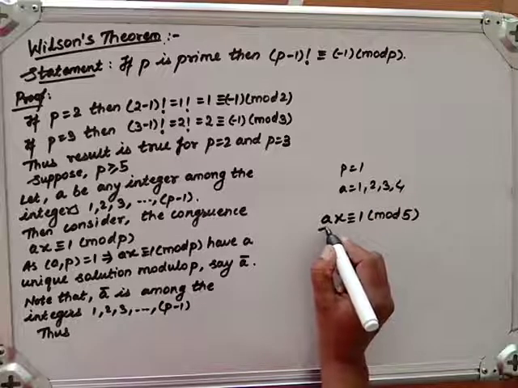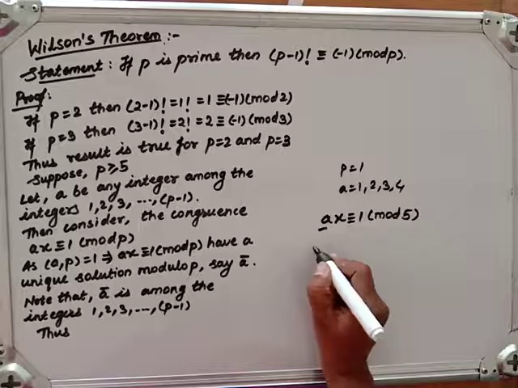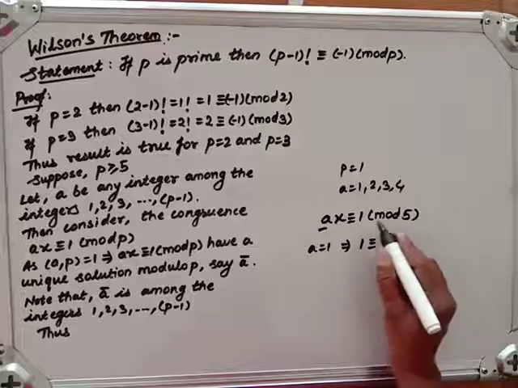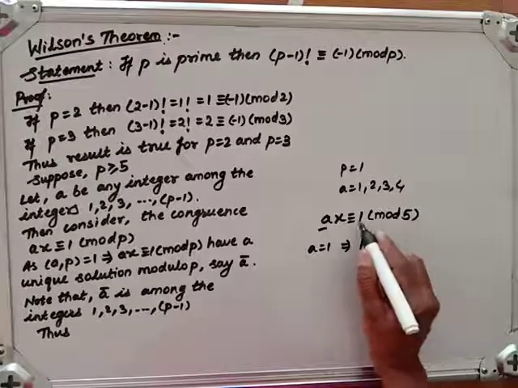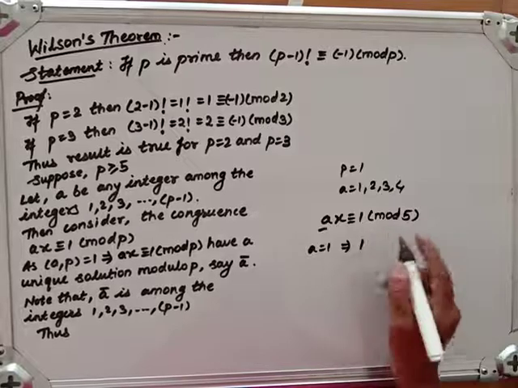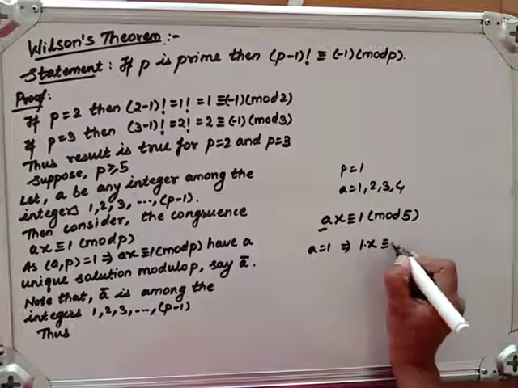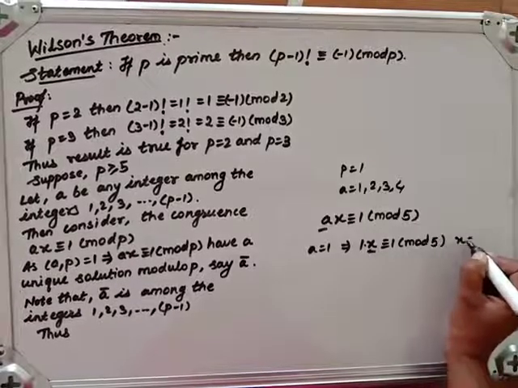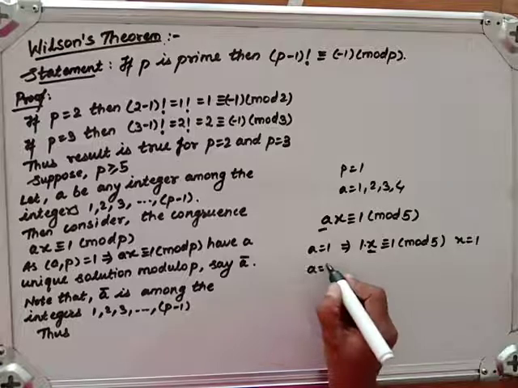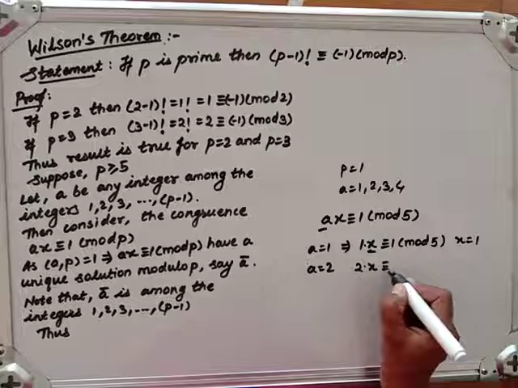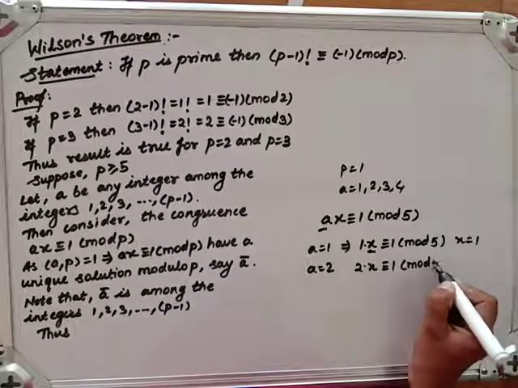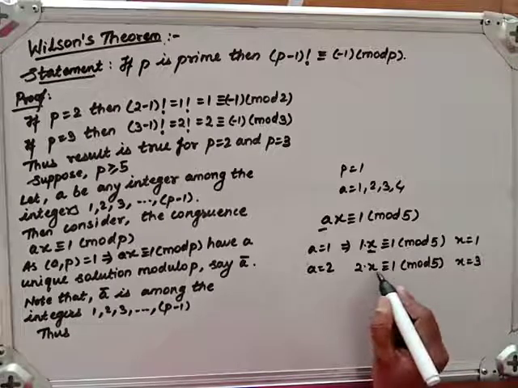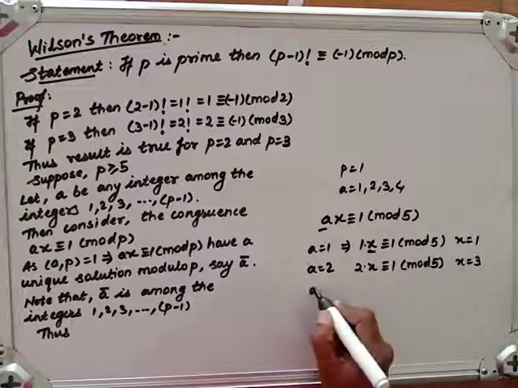Then suppose A is equal to 1, then 1 into X congruent to 1 modulo 5. For which one will it hold? It is obviously for X is equal to 1. If A is equal to 2, then 2 into X congruent to 1 modulo 5. Then obviously X is equal to 3. Look at here, X will be 3, 6 congruent to 1 modulo 5.